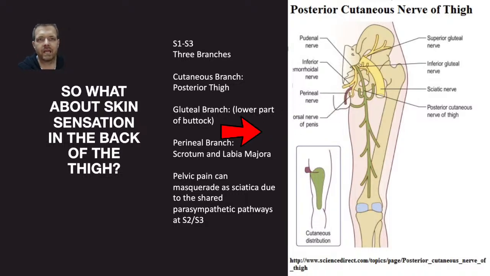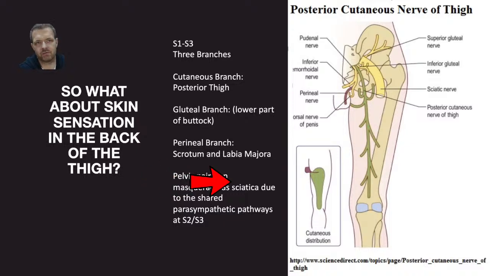And then the perineal branch goes to the scrotum and the labia majora. So loss of sensation around those areas isn't coming from the sciatic nerve. It's coming from the posterior cutaneous nerve of the thigh. Again, useful information if you do neurological testing.